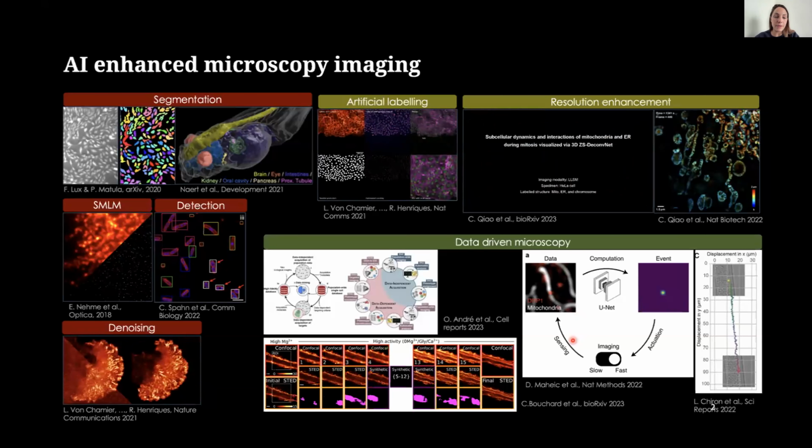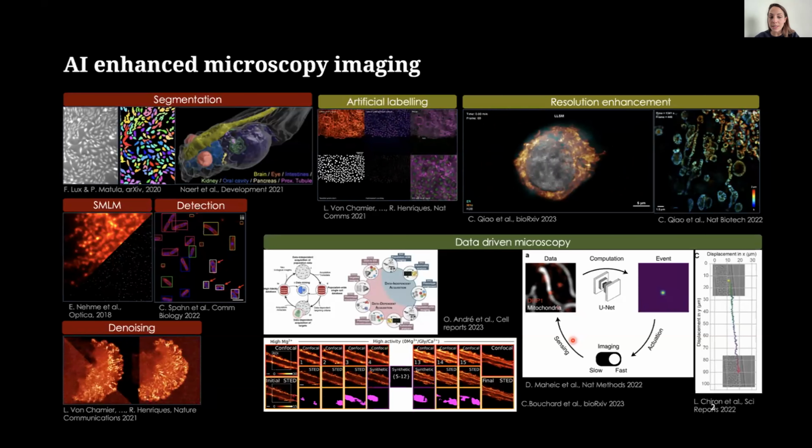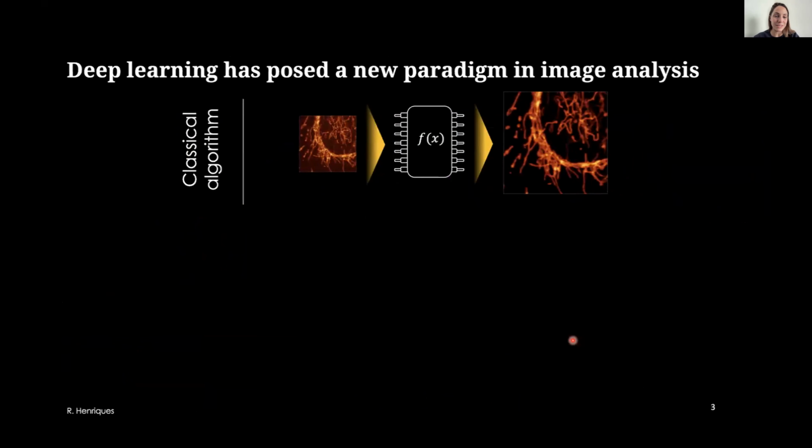So this is very cool, but let's try to understand a little bit how this technology works so we can highlight the challenges. The reason why deep learning has posed a new paradigm in image analysis is basically the way in which we are managing to get these tasks.